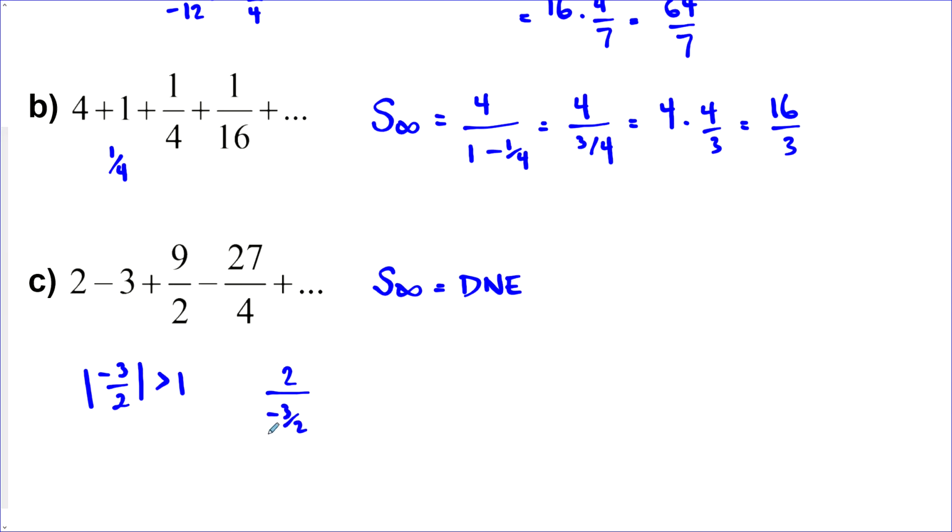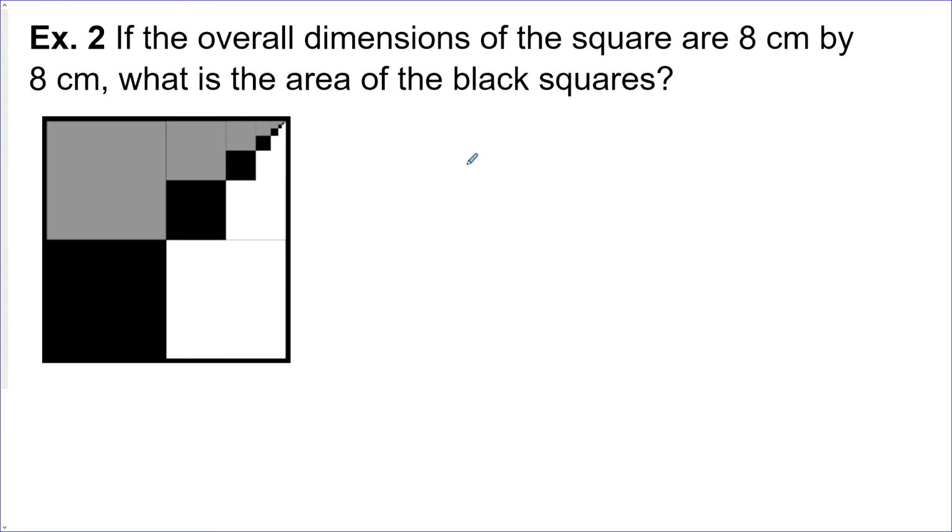If you put in all of this information, it will give you some answer, but really the absolute value of the r value is greater than 1, so this sum does not exist.